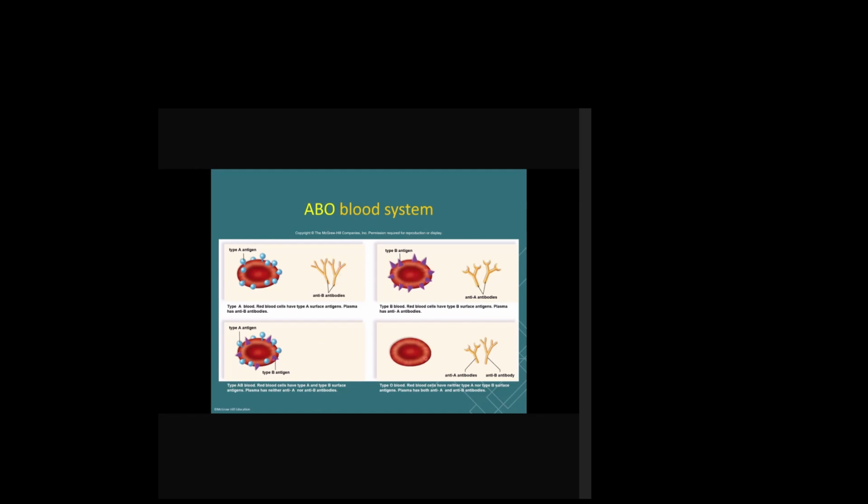If blood type O wants to give them blood, fine, because it doesn't have anything on it. So blood type AB are considered universal acceptors of blood. They will get blood from anybody, and blood type O, universal donors. They can give blood to anybody. Try to remember that.